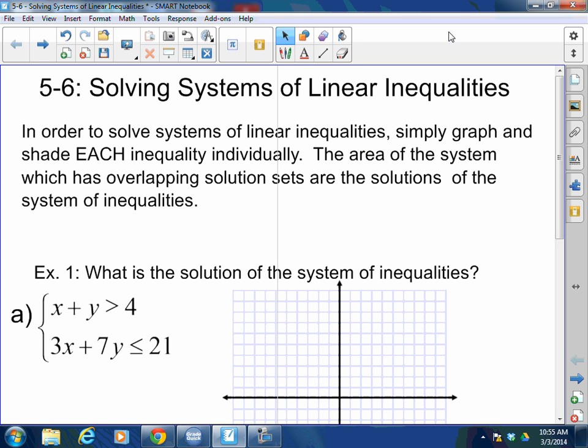Today we are going to wrap up systems of linear equations and linear inequalities. We have already talked about systems of linear equations. We know we can solve those by graphing the system and finding the point where both lines intersect. We can use substitution, solve for one variable, plug it back into the second equation, and find the second variable.